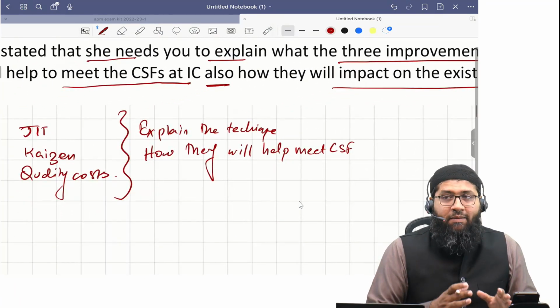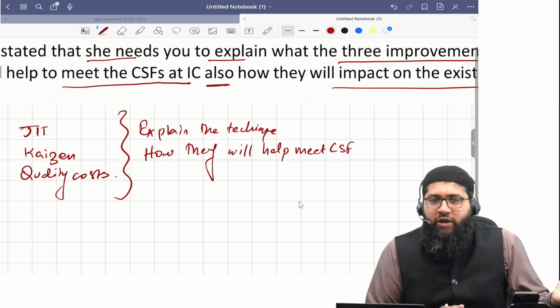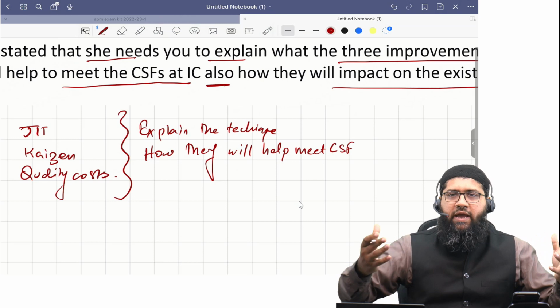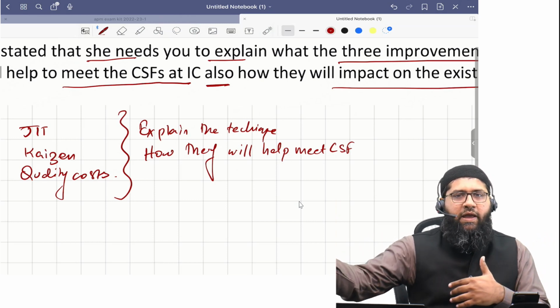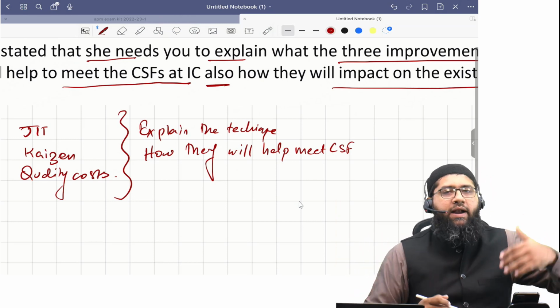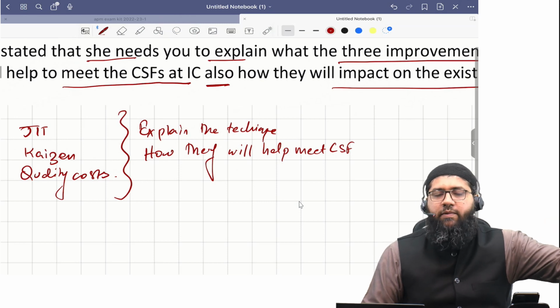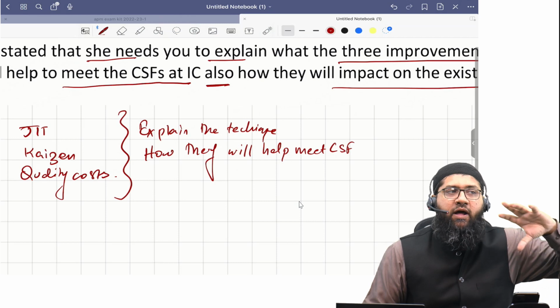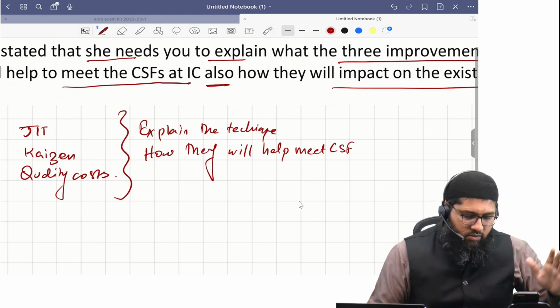the existing 3 KPIs. It's not necessary that you will give a new KPI. You may say, okay, no impact on this KPI, no impact on that KPI, and impact on X KPI, impact on Y KPI. Your answer could be no impact, impact, or minor impact, could be anything.